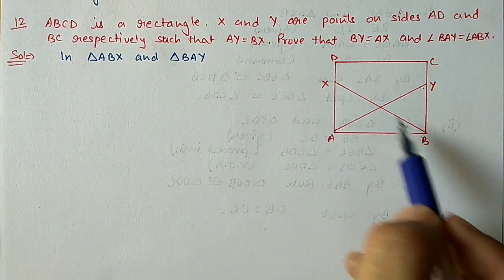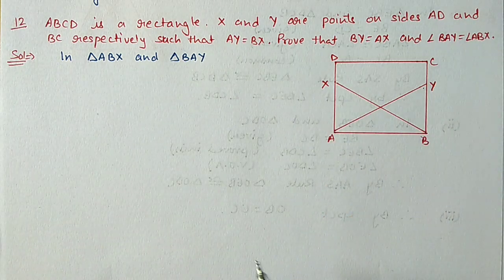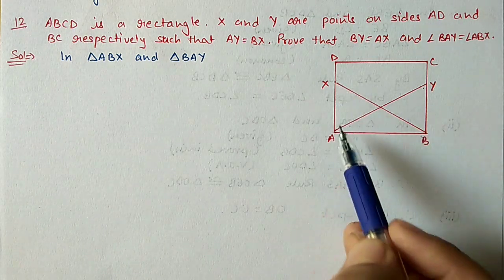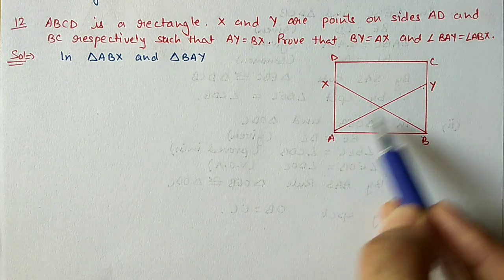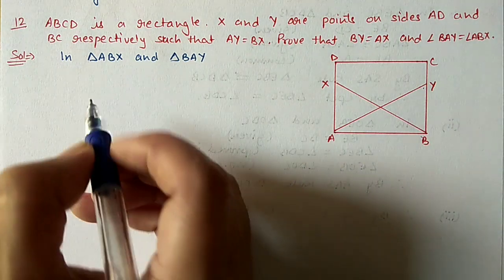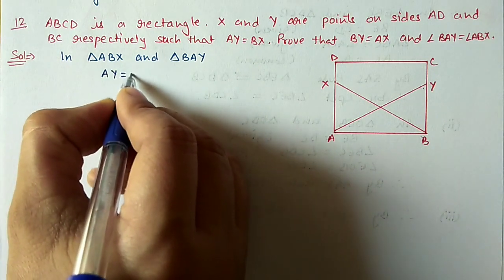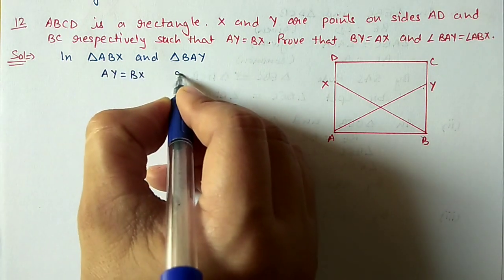So first we will take these two triangles and we will prove that these two triangles are congruent to each other. So in triangle ABX and triangle BAY, first of all we can write here AY is equal to BX. It is given in the question.